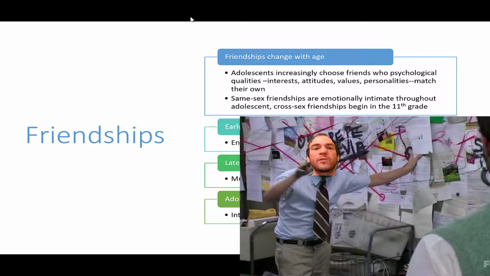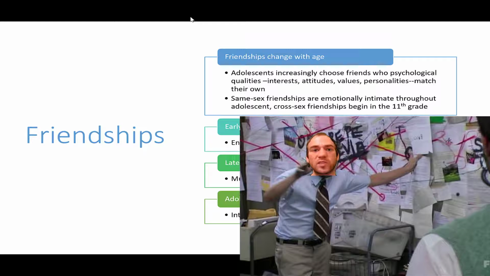So like I stated before, these traditional same-sex friendships have an emotional intimacy to them and serve as a model for future relationships, and obviously serve as a protective factor if that friendship is with someone who is well adjusted.